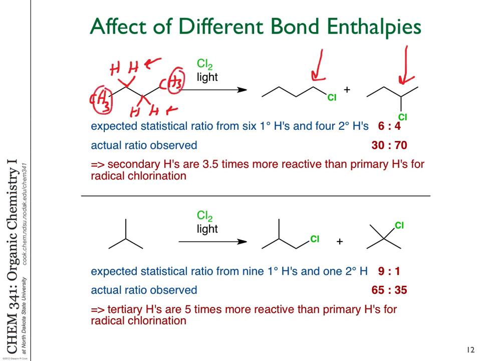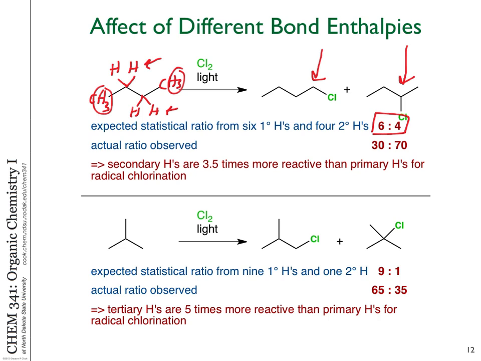If it's just a matter of the statistical probability of pulling off one of those hydrogens and replacing it with a chlorine, you would expect a ratio of those two products of 6:4, or 3:2. That would be your expected ratio just based on the statistical number of hydrogens.